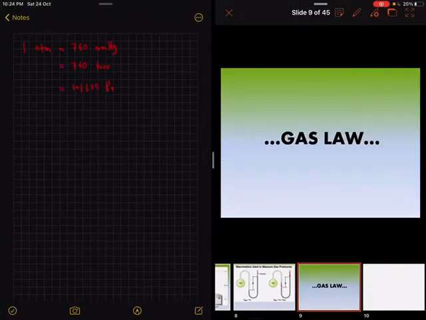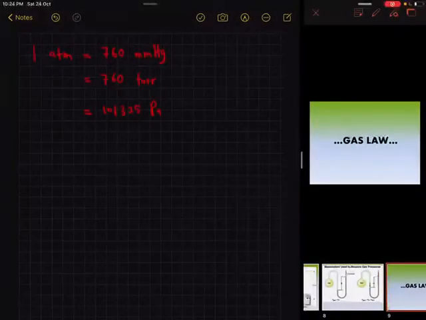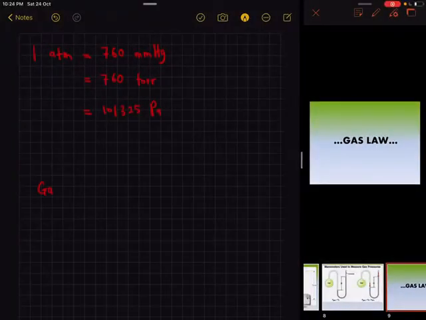Okay, so next we go to the gas laws. Untuk gas law, ada 4 gas law yang kita akan cover. Apa dia?